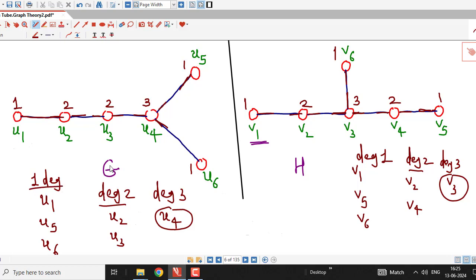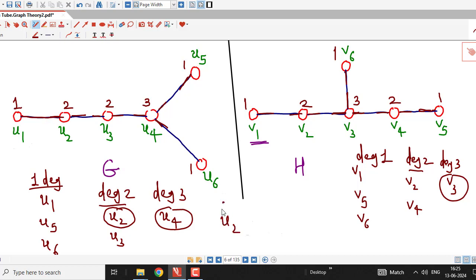So we can try to define an isomorphism, a function from the vertex set of this graph to the vertex set of this graph. But another care we have to take is that suppose here degree of u2 is 2 and u2 is adjacent with u1 and u3.